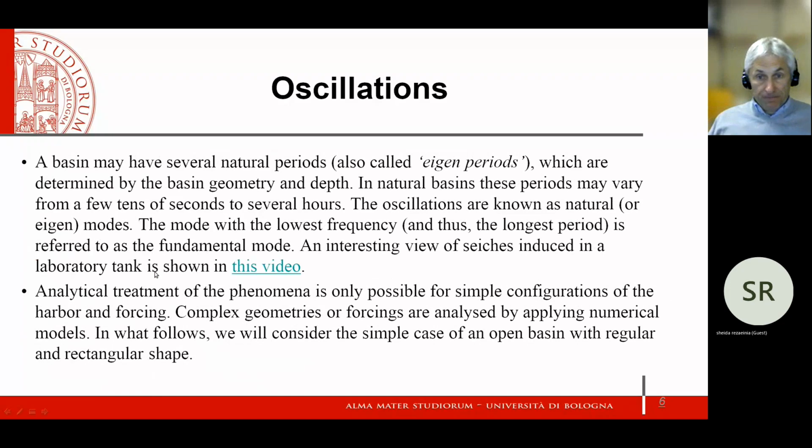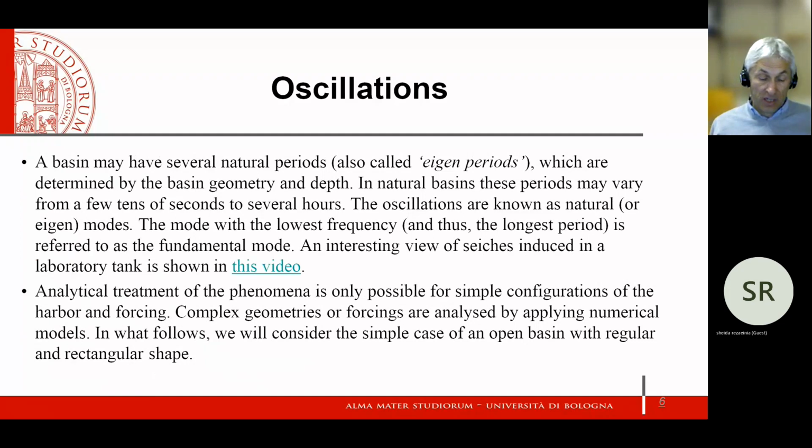Let's then focus on the period, which is the important feature, the natural period of the harbor or a water body in general. So what is the natural period? The natural period is the period of oscillation of the basin once a perturbation has been induced.